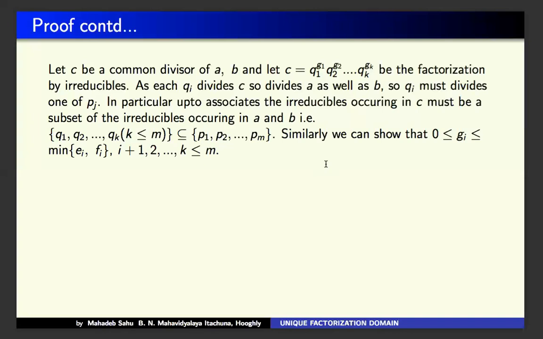Therefore, in order for Q1 to the power G1 to divide A and B, you must note that G1 must be less than or equal to E1 as well as F1. Therefore, we can write G1 is less than or equal to the minimum of E1, F1. One can check it very simply. It's nothing tough to understand.